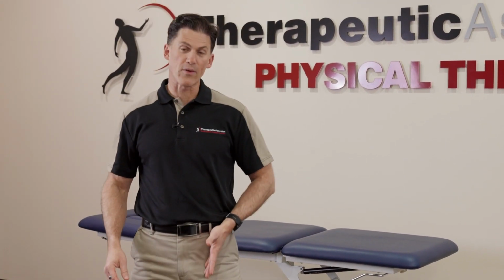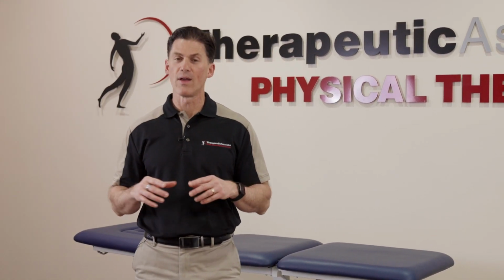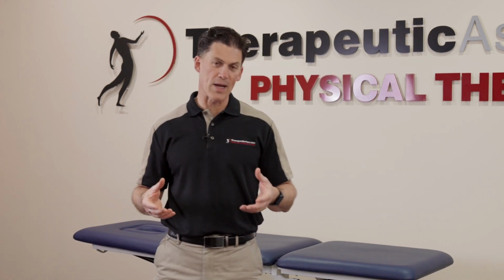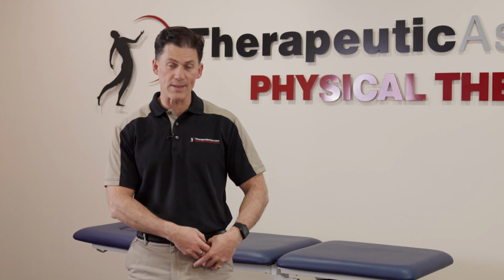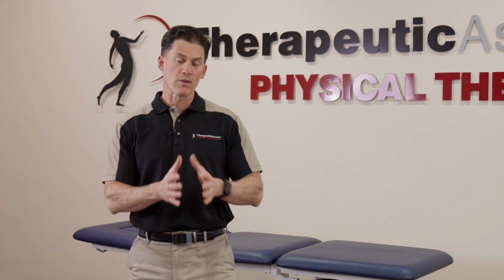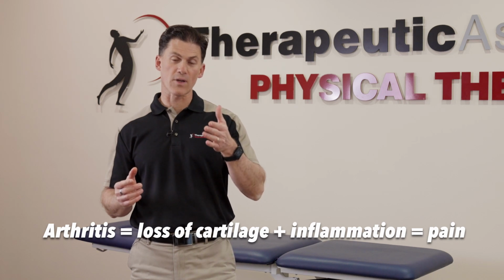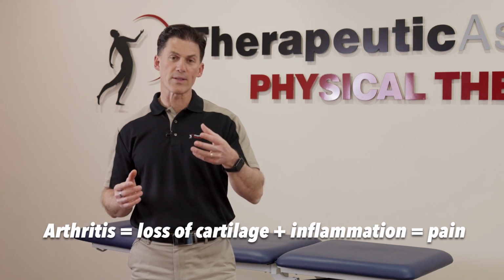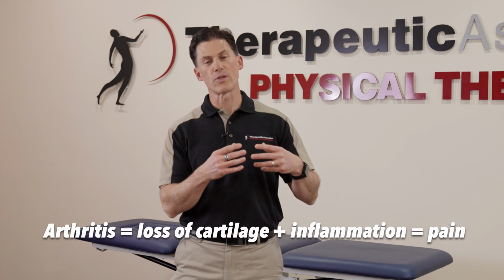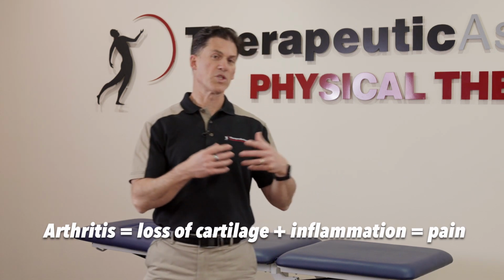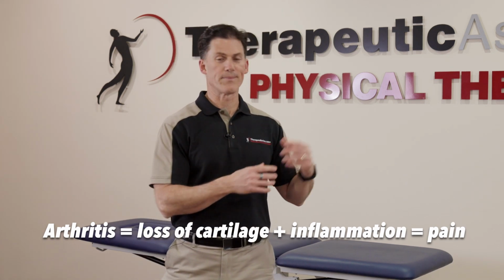If the pain is in the front, and you're over the age of, say, 45 to 50 to 55, chances are you're dealing with some joint breakdown pain, maybe some arthritis at the hip. So what is arthritis? Arthritis is the loss of cartilage at a joint, which then leads to inflammation, which then leads to pain.